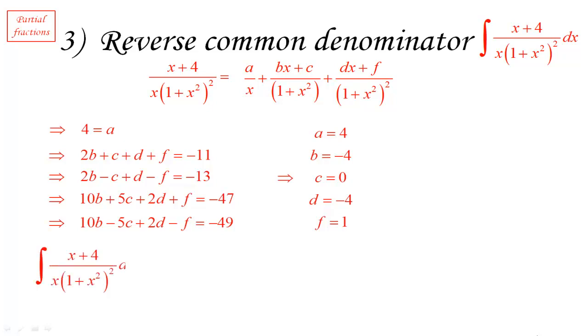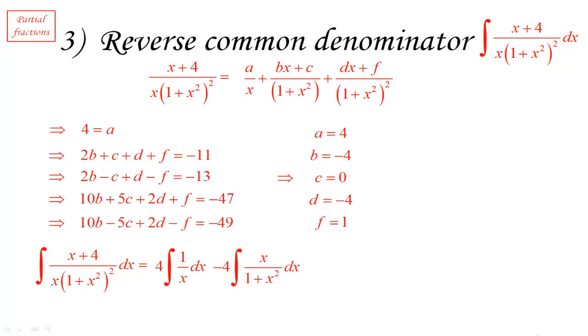So we can say that the integral we're looking for is going to be equal to what? A is equal to 4, so a is going to be in front of 1 over x dx. b is negative 4, c is 0. That tells us that we're left with just a negative 4 times x over 1 plus x squared dx. Well, this is something easy to do through substitution.